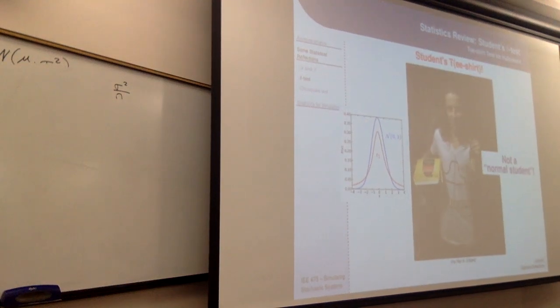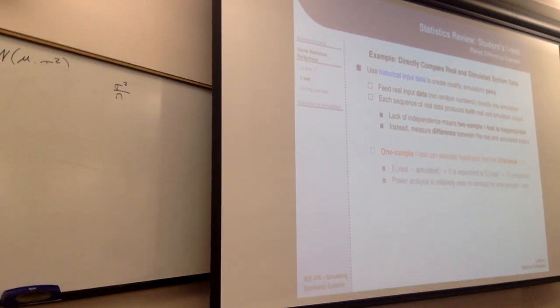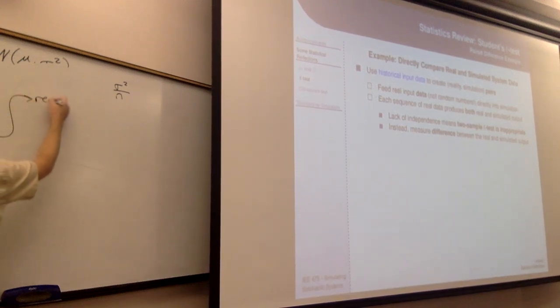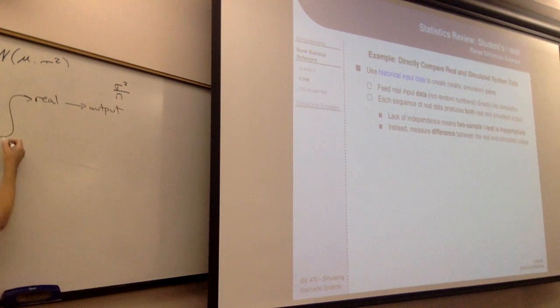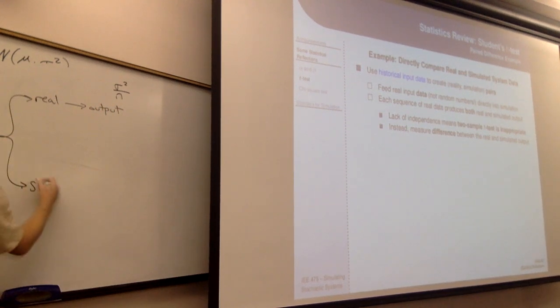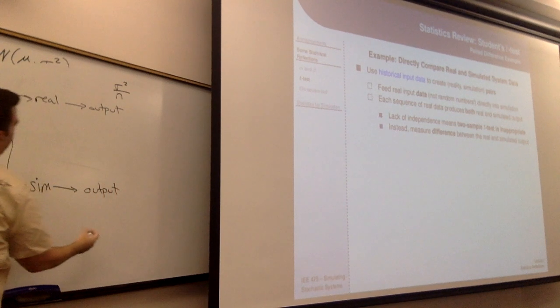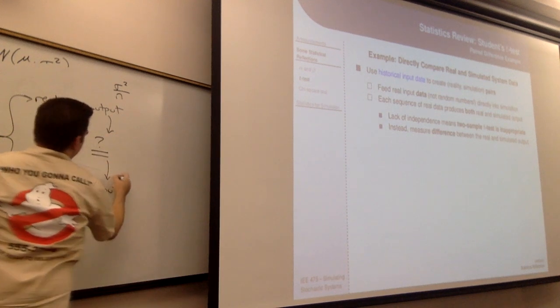And that input data naturally went into the real system to give us output data, but we are also going to artificially insert it into our simulation and produce simulated output data. And then our question is, are these two equivalent?